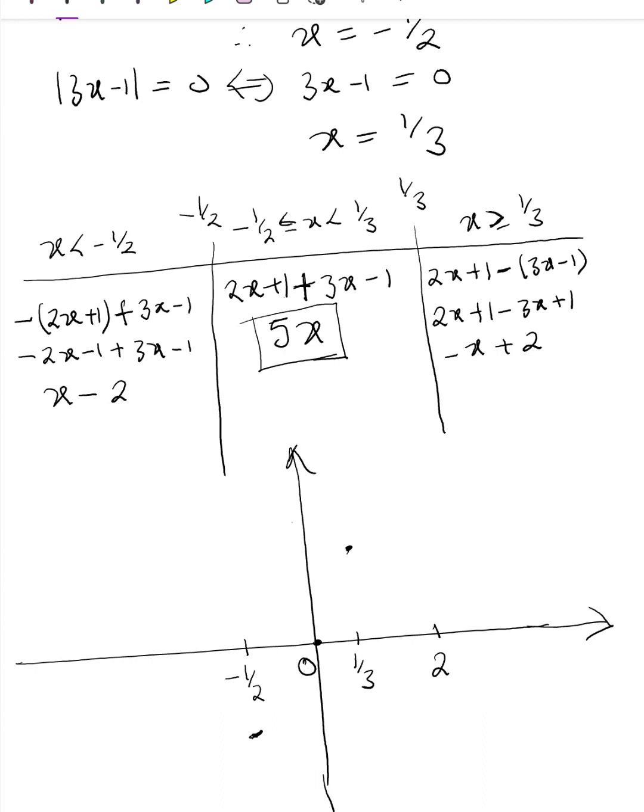So when x is 1/3, y is equal to 5x, where x is 1/3, so that is 5/3. So this will be some point 5/3, and at the bottom this will be some point negative 5/2.